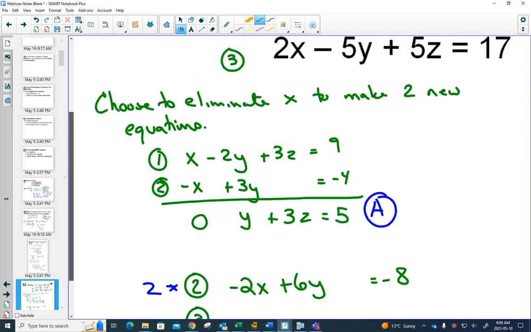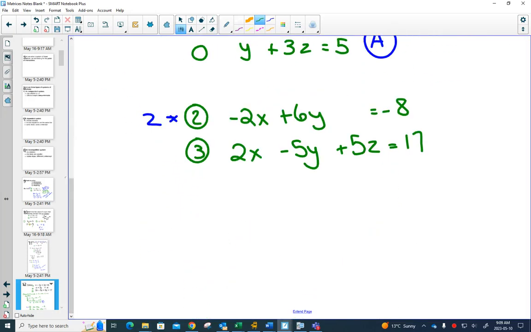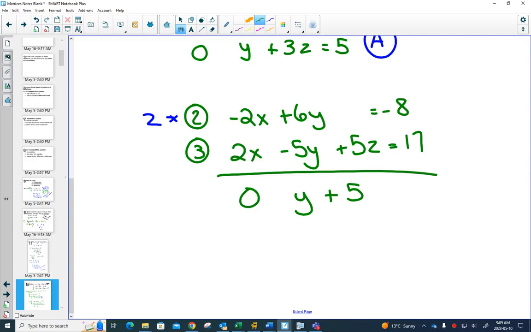And I'll just rewrite equation 3, 2x minus 5y plus 5z equals 17. Again, my x's nicely eliminate. That was my plan. And I'm going to get y plus 5z equals 9. That's my new equation B.